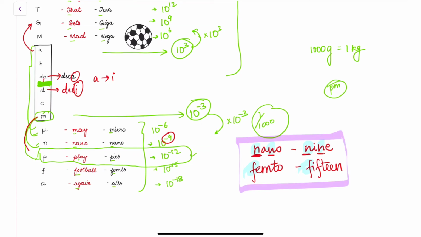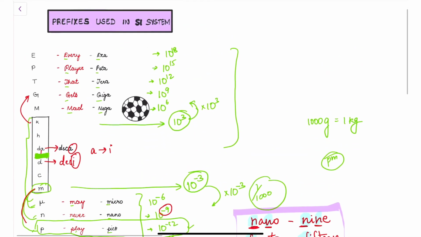If you're done with all these, two other important prefixes which I would like to add are zetta and yotta. Here you will have 10 power 21 and 10 power 24.